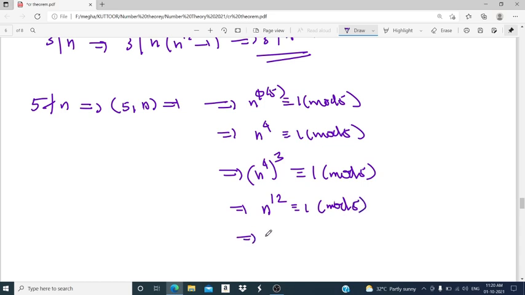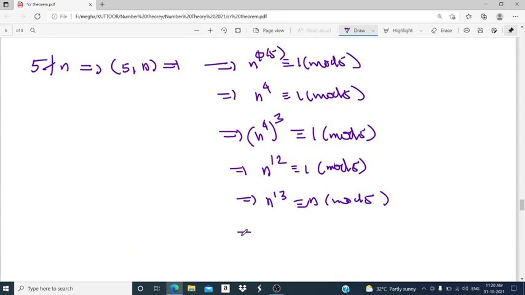That implies n raised to 13 congruent to n mod 5, or we can say that 5 divides n raised to 13 minus n.